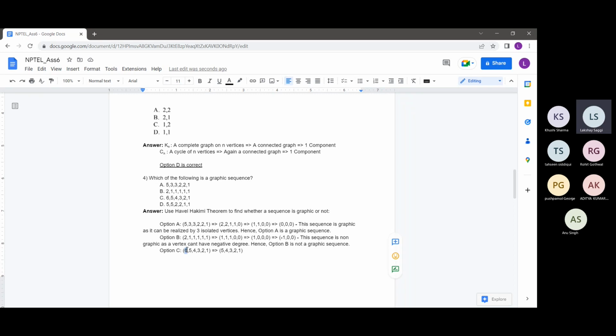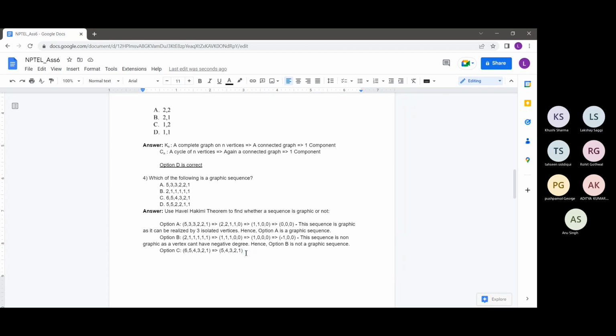I need to reduce the values of the first 6 entries of this sequence by 1. But here I can see that there are only 5 entries, right? This says that I need to reduce the values of the first 6 entries, but no 6 entries are available. Only 5 entries are available.